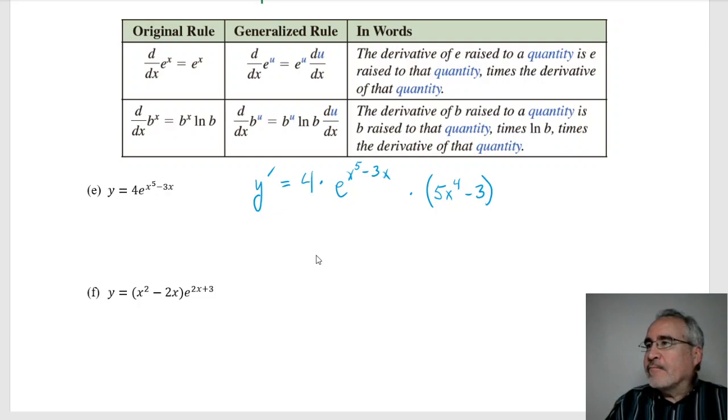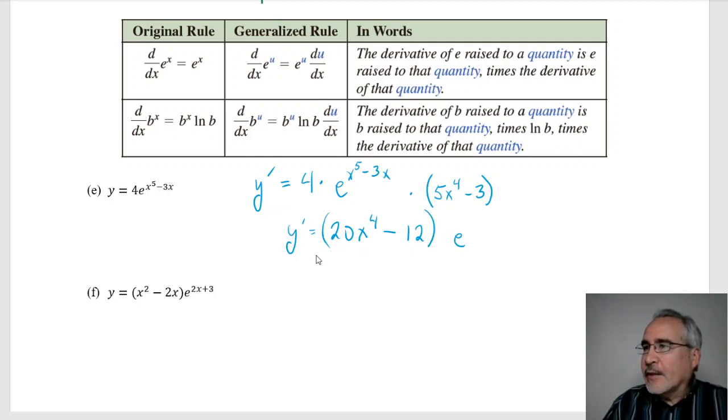Now we can distribute through, and I guess why not? We could have our final answer, y prime, take the 4, distribute it through here. We get 20 x to the 4th minus 12. Now the thing is, we really need to have all of this, it's all of this times e to the x.